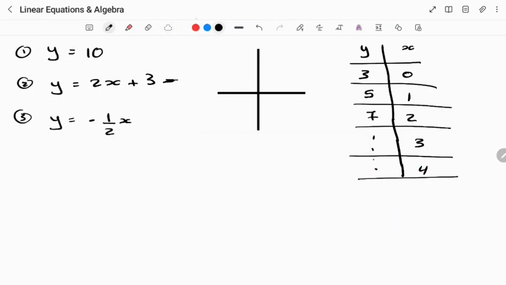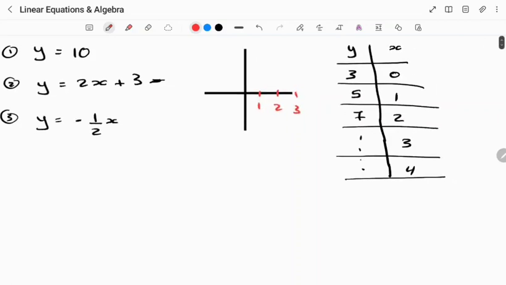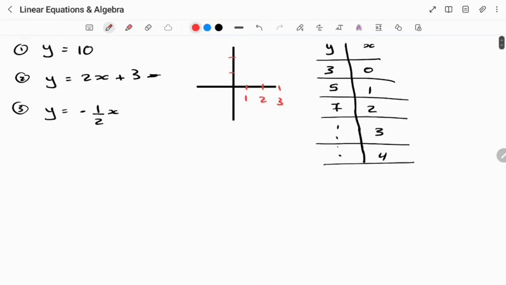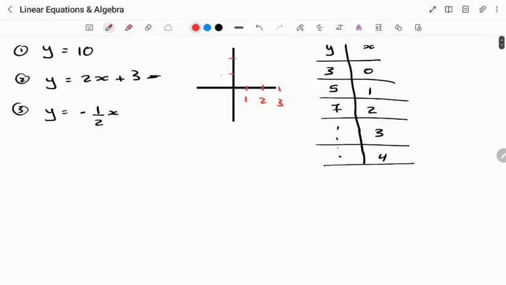Okay. Now, how do we plot this graph? We're going to have to put up some values. Say 1, 2, 3, and for the y, I'm going to start with 1, 2, 3, 5, and so on.